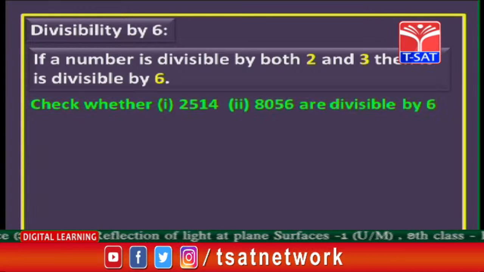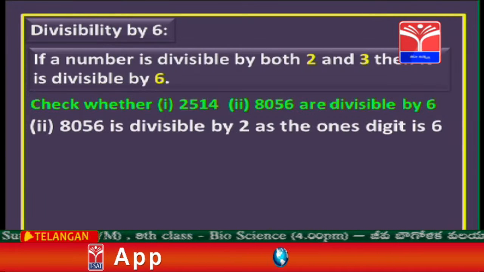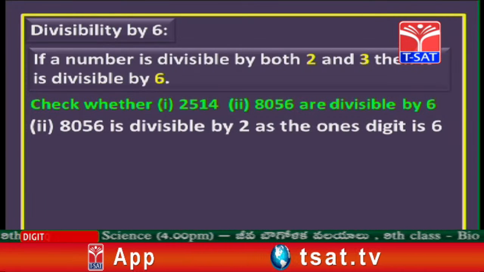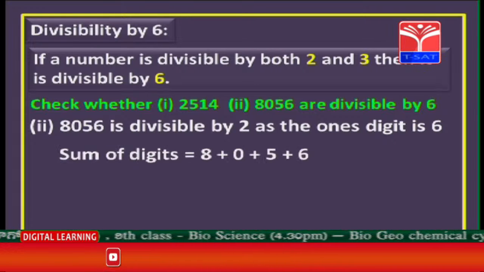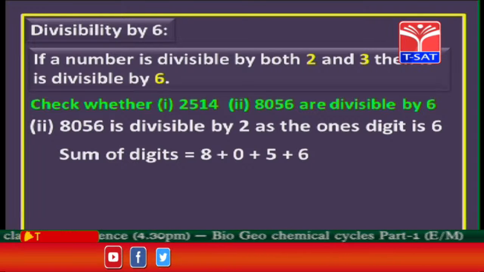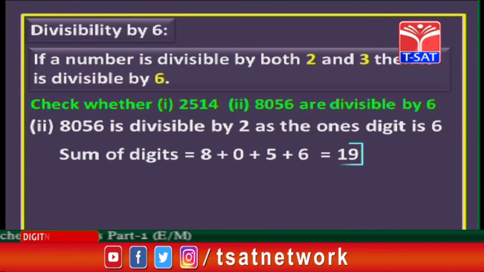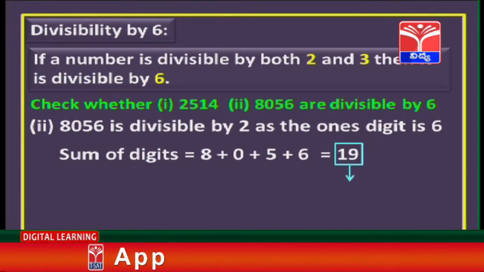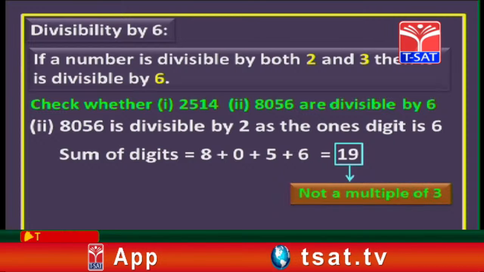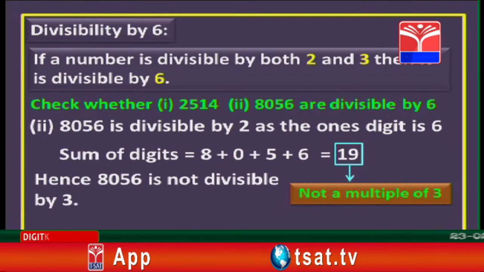Let us move on to our next example, that is 8056. Now, since in the ones place we have 6, this number is divisible by 2. Now, let us see the sum of digits, 8 plus 0 plus 5 plus 6. What do you get, children, now? Yes, you are going to get 19. Now, is 19 a multiple of 3 or is it divisible by 3? No. So, we can say that 8056 is not divisible by 3.